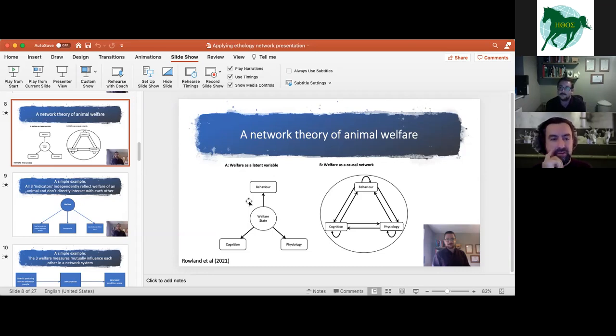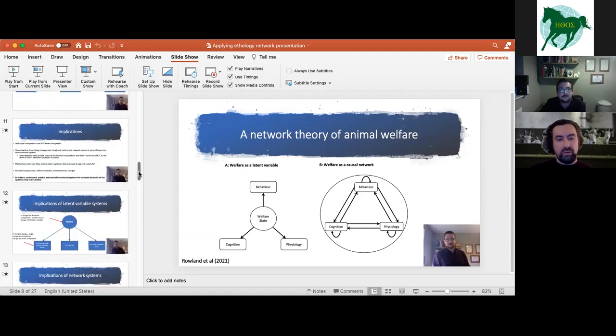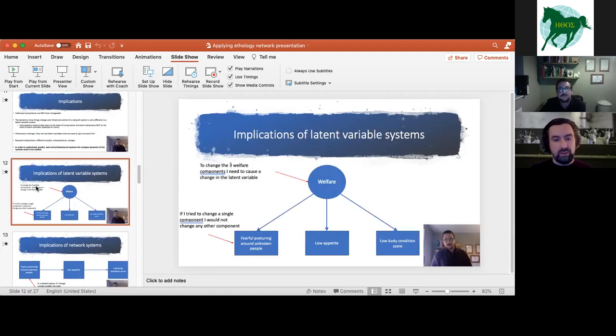You mentioned on some of the other slides that, for example, from the latent variable one, you would target behavior, and you might alter the welfare state of the animal, but you would not expect a causal relationship with the other two you mentioned, like cognition and physiology. So changing one behavioral parameter might affect the welfare of the individual, but it wouldn't have an effect on the other parameters that you measure.